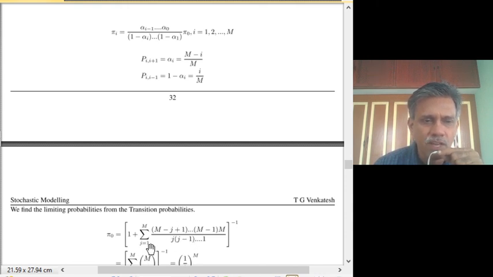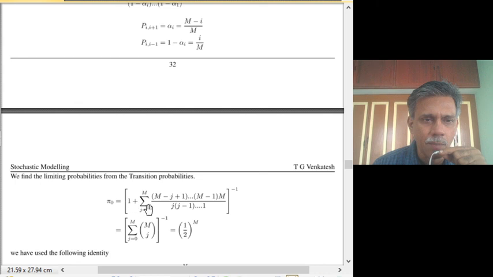So sigma j varying from 1 to m of pi j plus pi naught should be equal to 1. Okay, so of course we have taken out pi naught. All these will also have pi naught. The pi naught here and these pi naughts have been taken out, and they will add up to 1, and therefore pi naught is the square bracket power minus 1.